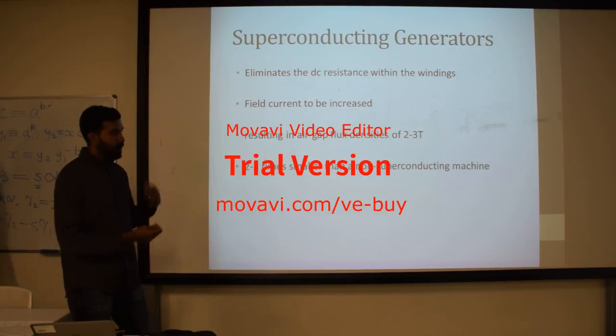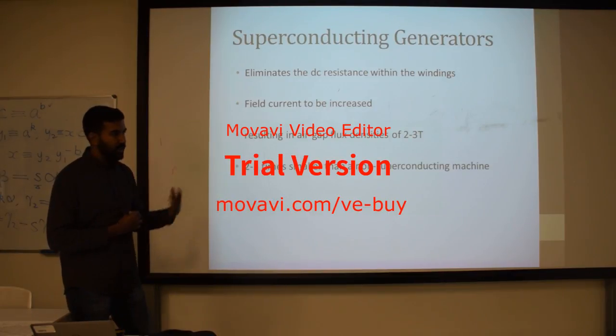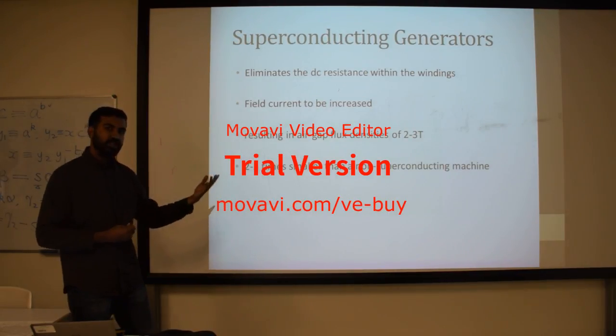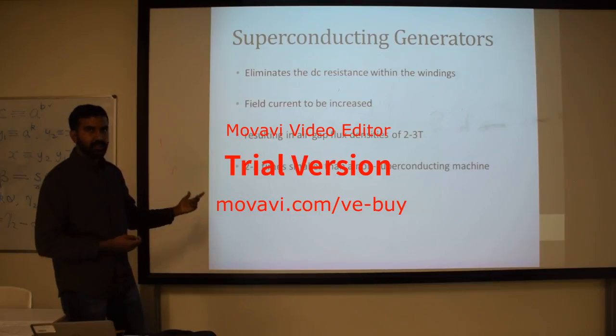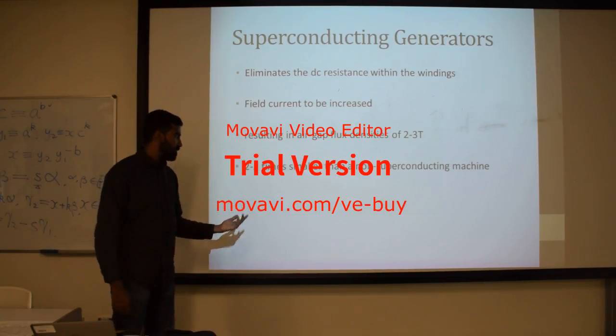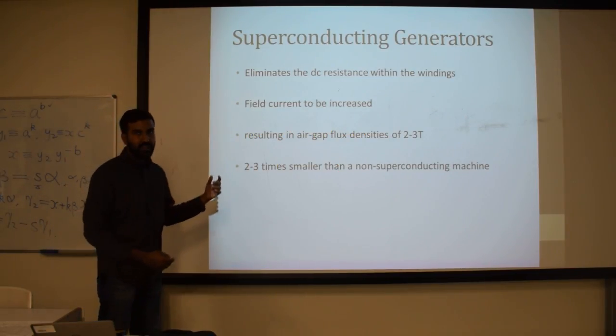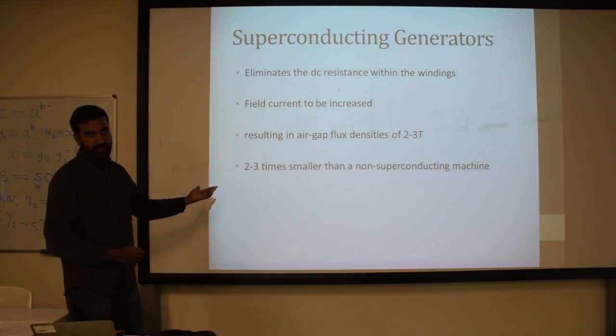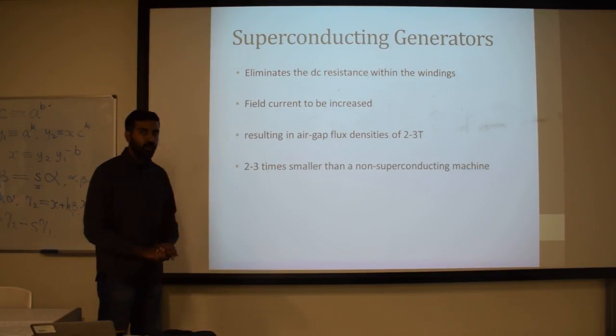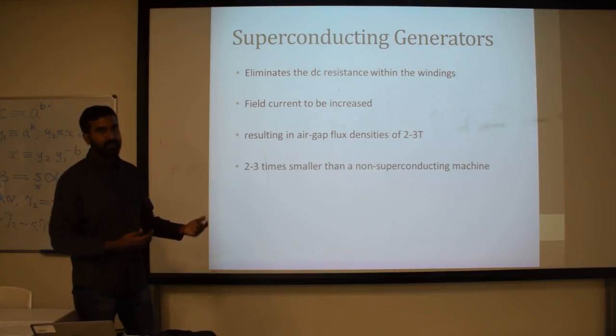That means the magnetic field in the air gap is 2 to 3 times higher than what you'd find in a synchronous generator or permanent magnet generator, which in turn means that the generators themselves are 2 to 3 times smaller for the same power.